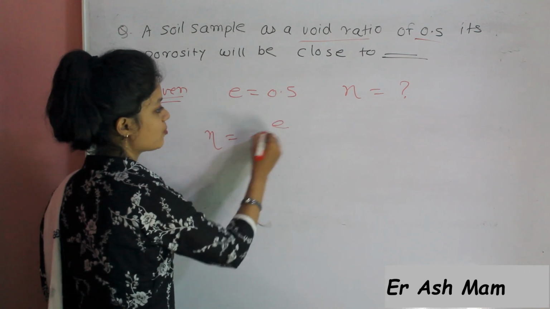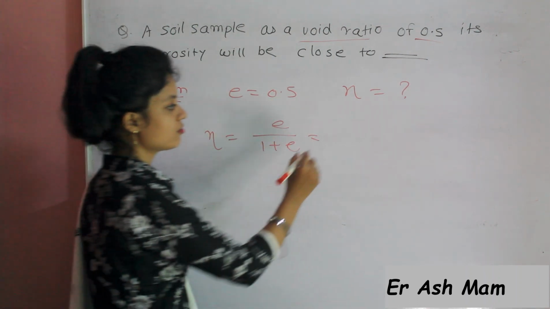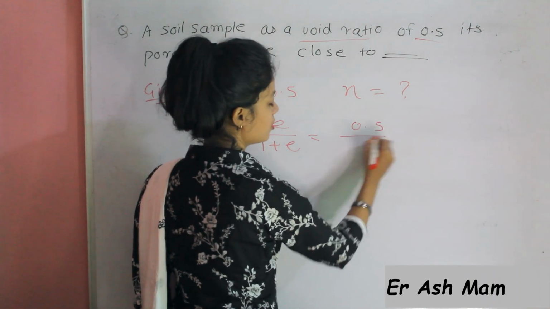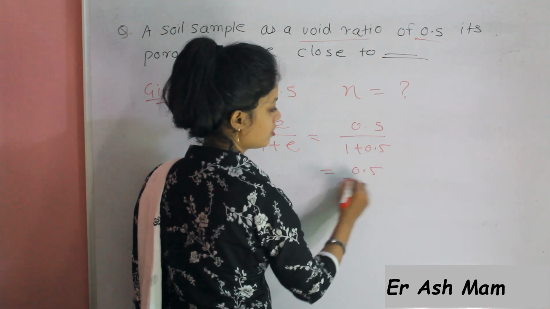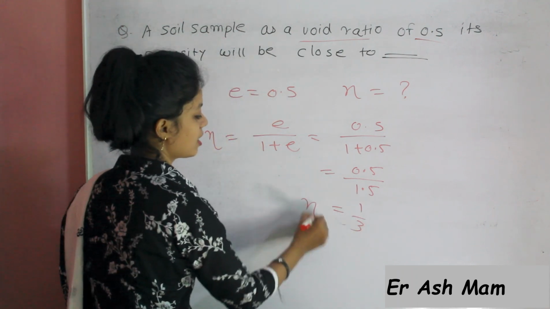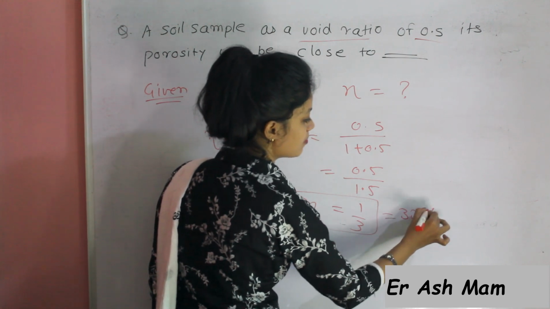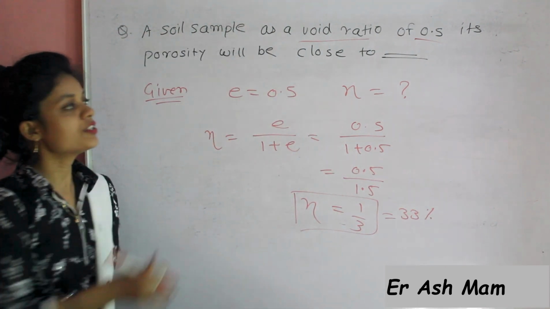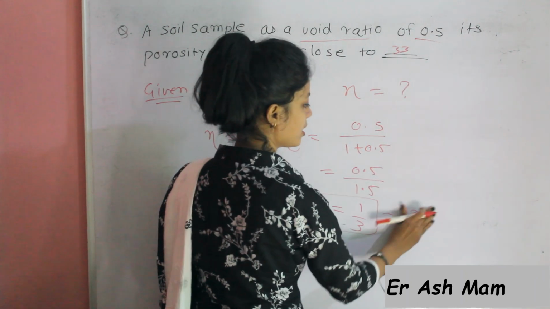N equal to E upon 1 plus E. E is given, that is 0.5 upon 1 plus 0.5. 0.5 upon 1.5, 1 upon 3. Therefore, N equal to 1 upon 3 or 33%. Porosity will be close to 33.33%.